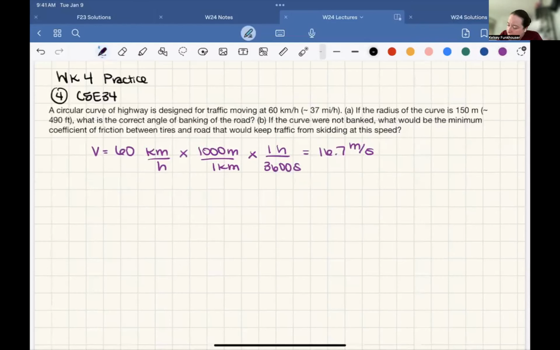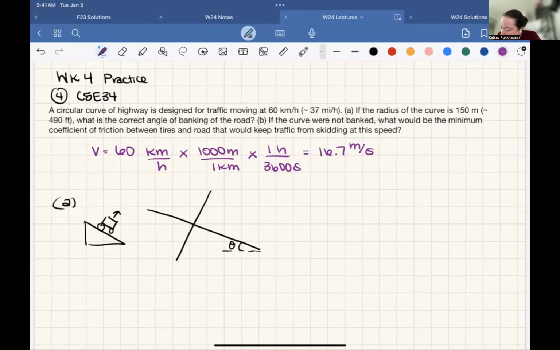Okay, so for A, the first thing we want to do, so this is a banked curve, meaning it's on an incline and the car is driving into the page. Lopsided tires. Okay, so let's tilt our axes for a free body diagram. Tilt it at an angle theta.